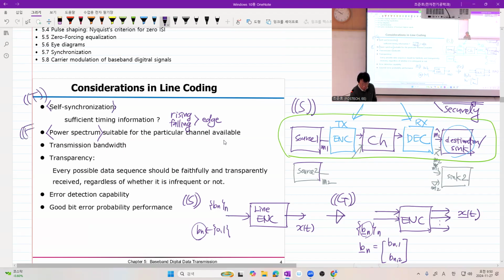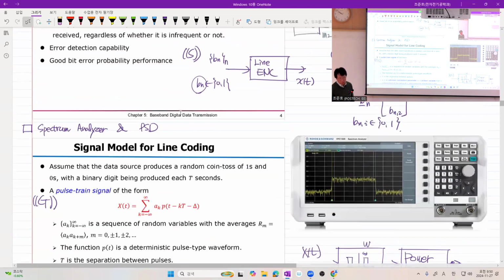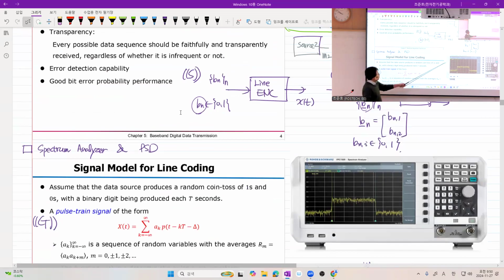In the frequency domain, we are mostly using the so-called spectrum analyzer. So I've brought one picture here. And there are many big manufacturers such as Keysight, formerly Agilent, and formerly Hewlett-Packard.